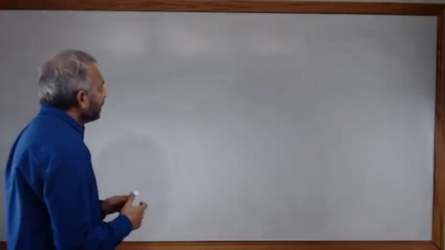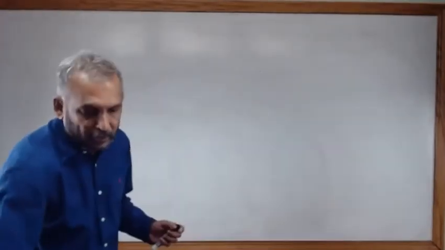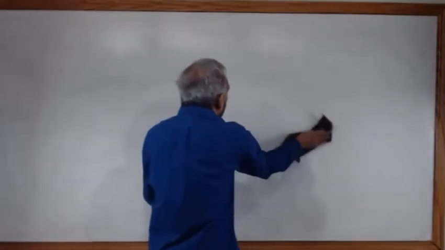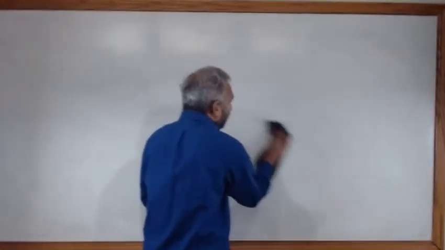Now let us consider building the factor group without a homomorphism. So why do we need the homomorphism there?